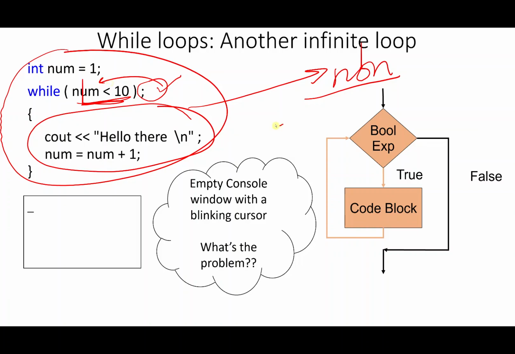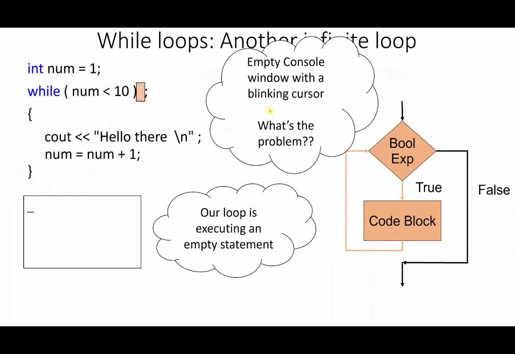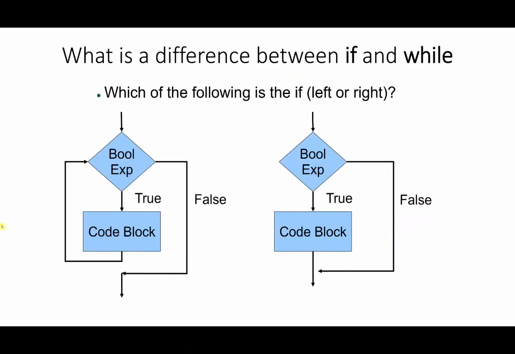Because remember, this is a legitimate statement. It's called the empty statement. You're executing an empty statement, so you're going to have just the cursor blinking on your output screen.